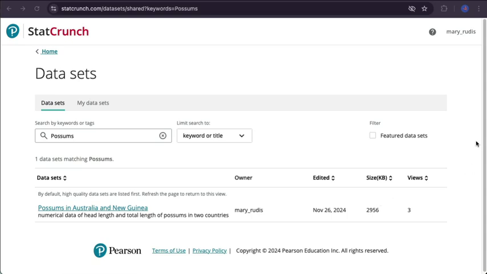We're going to do a correlation of two variables, which is part of simple linear regression, in a package called StatCrunch. StatCrunch is a tool that is owned by Pearson. Anybody can purchase a license for it. You don't have to be using a Pearson textbook or a Pearson product.